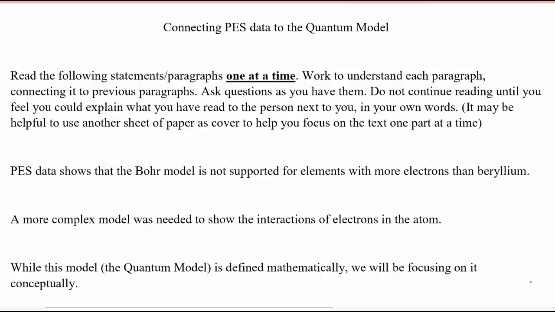So this new, more complex model we call the quantum model. And while it does have a lot of mathematical equations associated with it, we're not going to look at those. We are just going to focus on the concepts associated with this model.